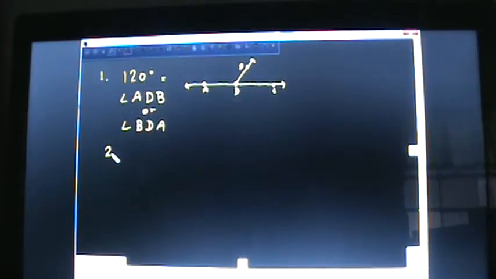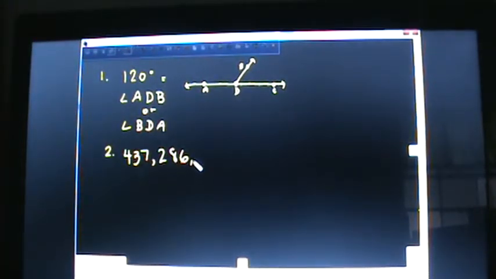Number 2. It says, which digit in the number 437,286,190, in this number, we are looking for the number that is in the hundred thousands place.